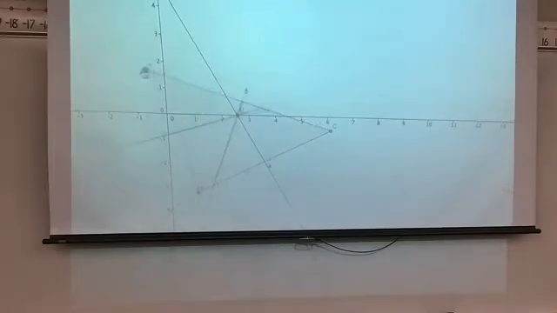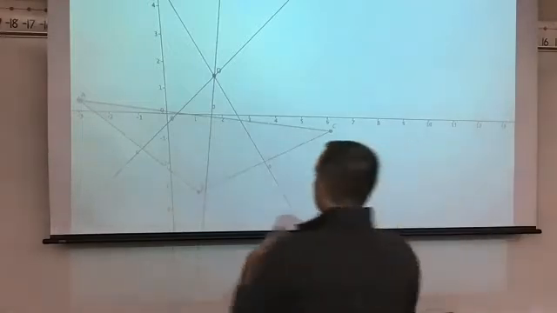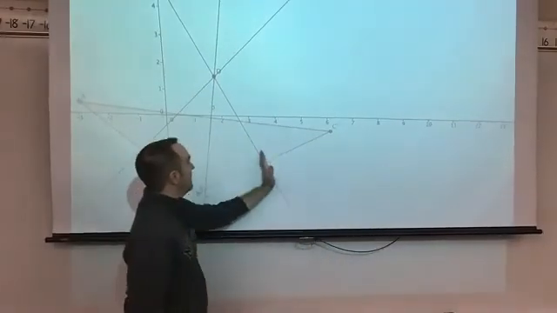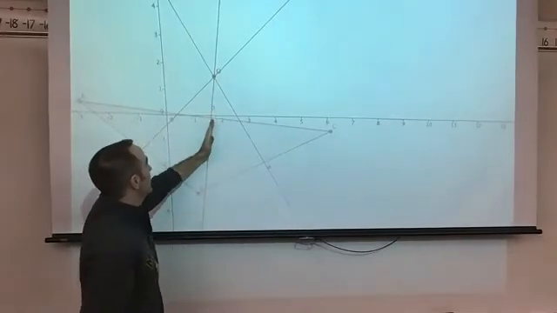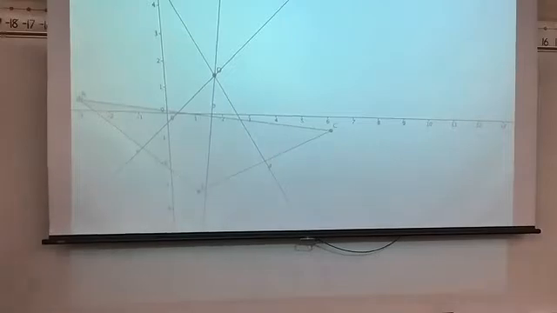When we make an obtuse triangle, the point of concurrency of the perpendicular bisectors is now outside of the figure. We still have a perpendicular bisector here and here. This is a perpendicular bisector of AC, but now we have to go this way to find the point where all three cross.